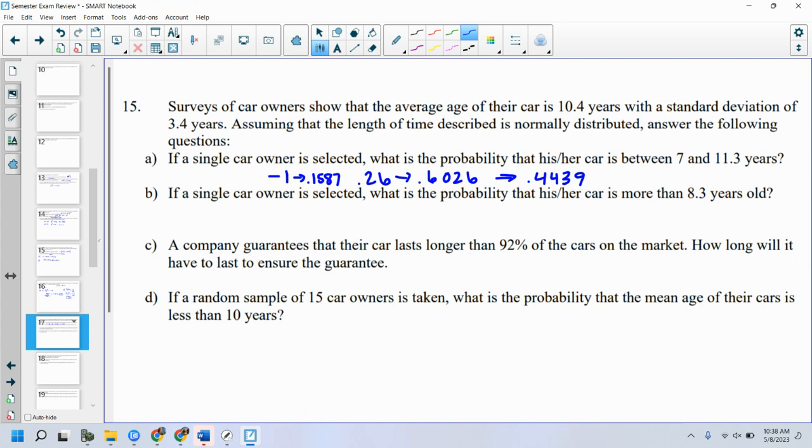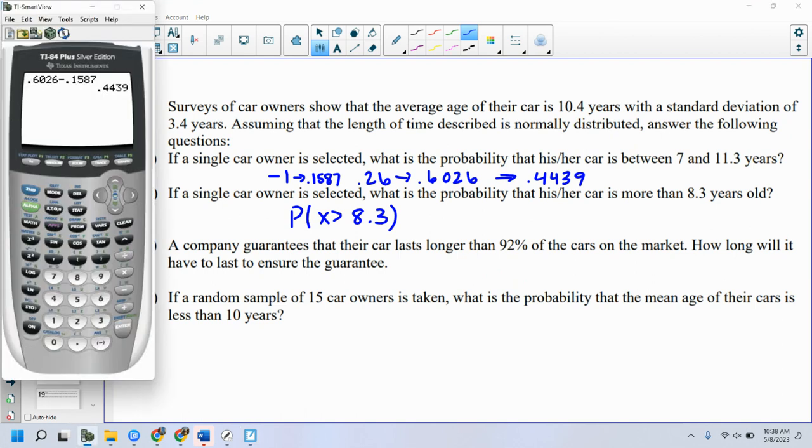If a single car owner is selected, what's the probability his or her car is more than 8.3 years old? So probability of x greater than 8.3. Based on the average car and standard deviation, I'm going to say it's probably a bigger-ish number, let's estimate like 0.6. 8.3 minus 10.4 divided by 3.4.